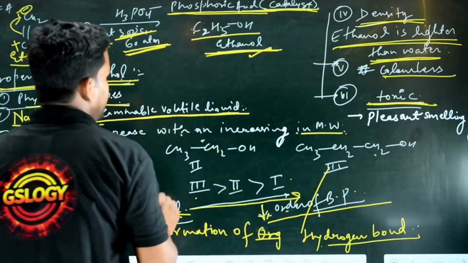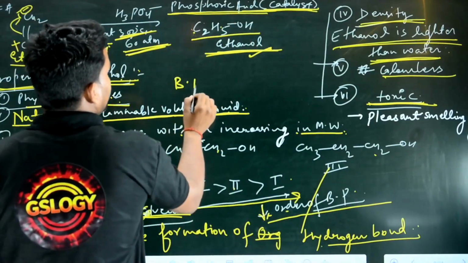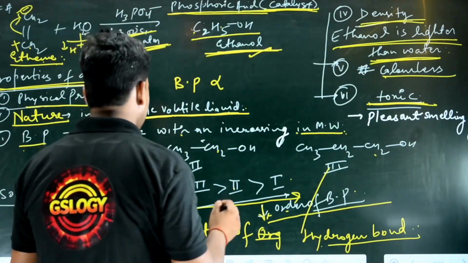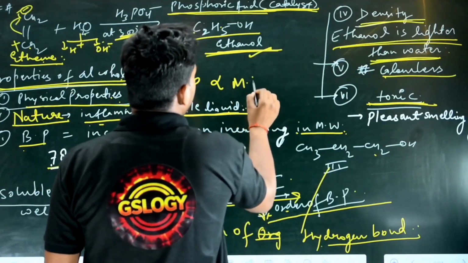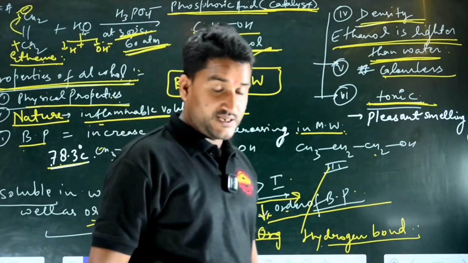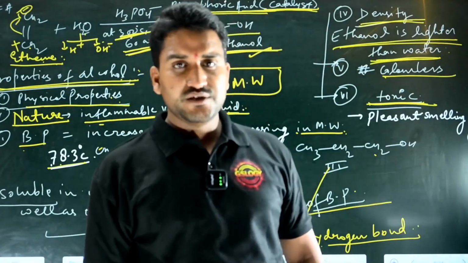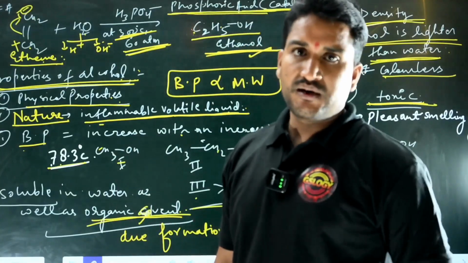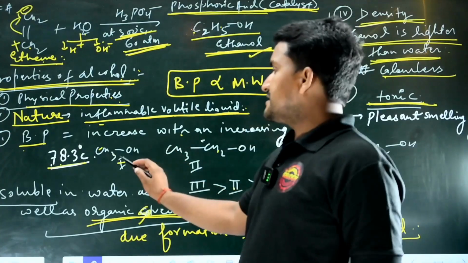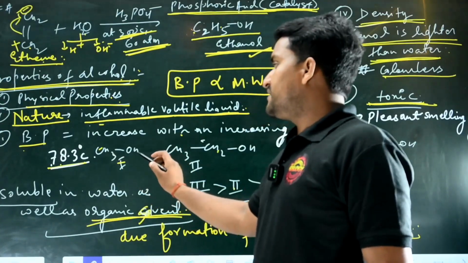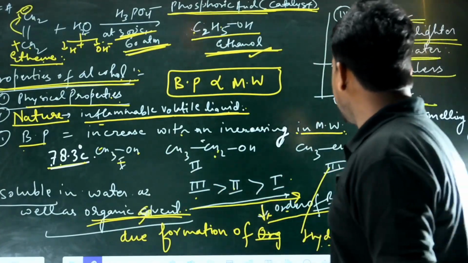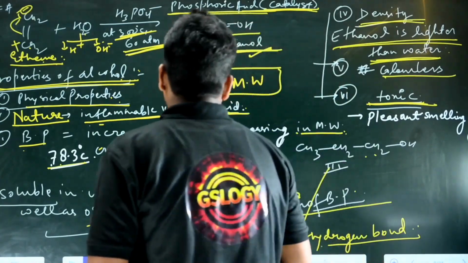BP is directly proportional to the molecular weight, which means when you increase the molecular weight of alcohol, the BP also increases. For example, methyl alcohol, ethyl alcohol, and propyl alcohol.